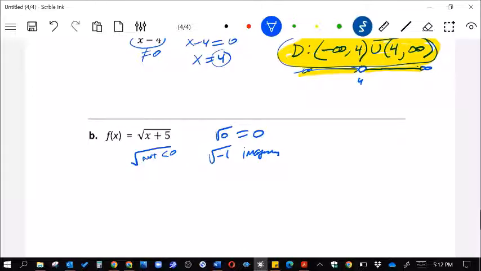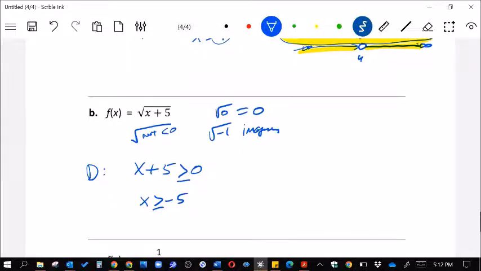Imaginary numbers are not real numbers, and functions have to be graphable. So instead, the numbers for the domain are all the x's where x plus 5 is greater than or equal to 0. So that means x is greater than or equal to negative 5. So that's the domain in one way.